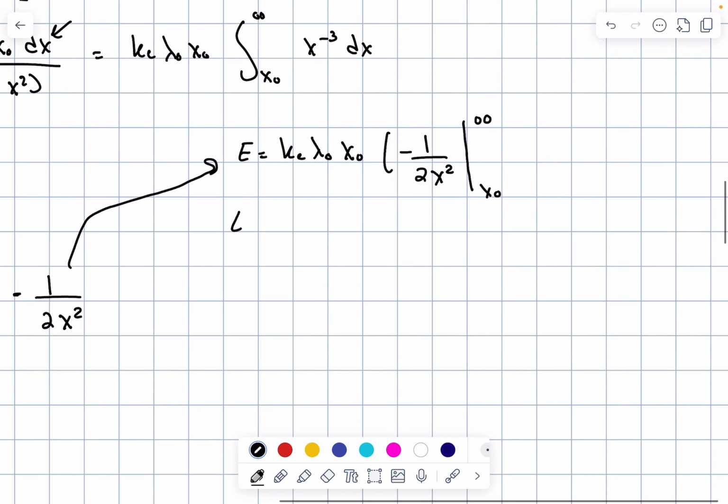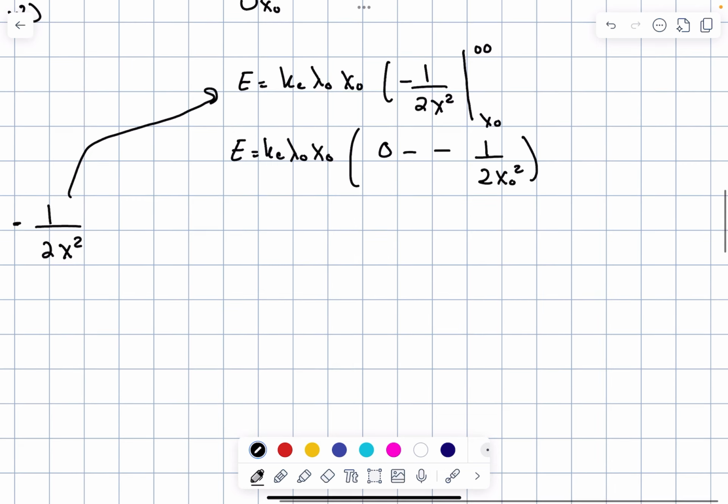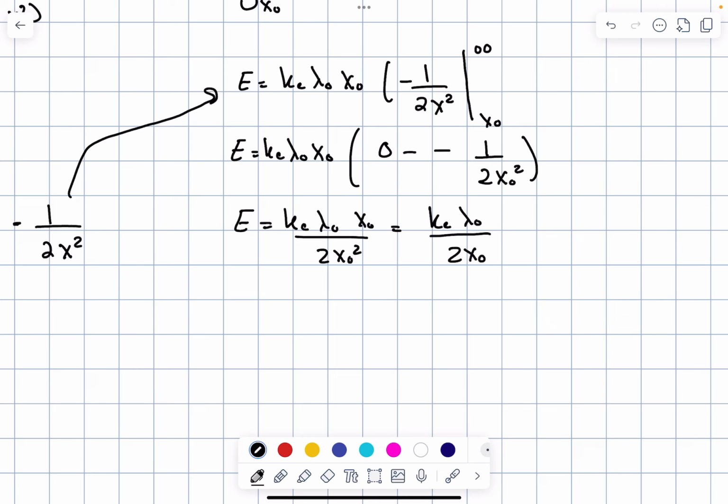Negative 1 divided by infinity is just going to be 0, and then we have a negative sign here too, negative 1 divided by 2 x naught squared. So E is going to be ke lambda naught x naught divided by 2 x naught squared, which equals ke lambda naught divided by 2 x naught.